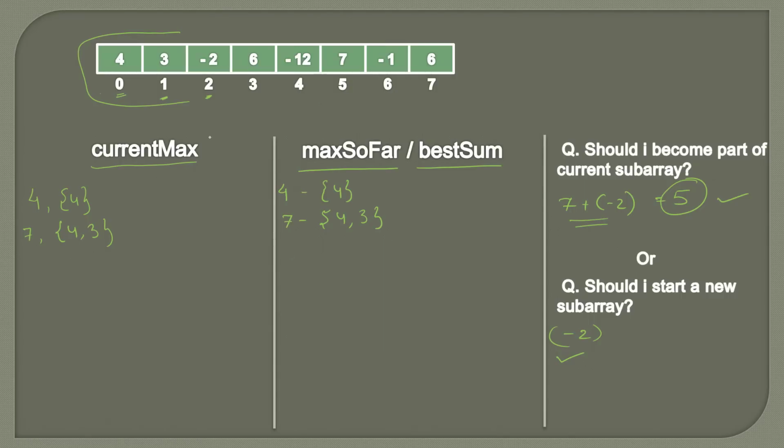So here at this position, the sum will become 5. It has been formed by 4, 3 and minus 2. And this 5 is actually smaller than 7. So max so far will remain this only.